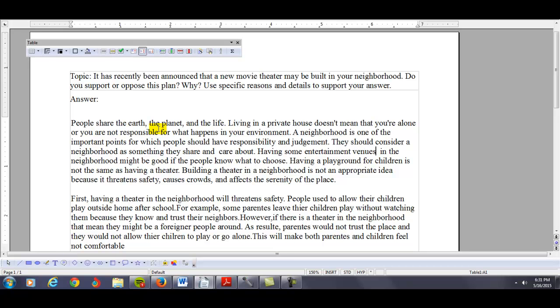So having some entertainment venues in the neighborhood might be good if the people know what to choose. You might say, having a playground for children.